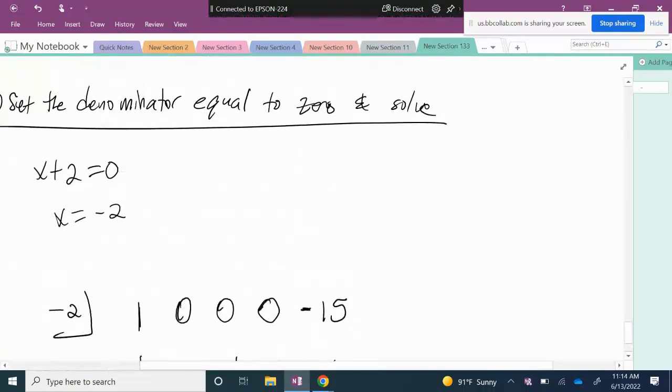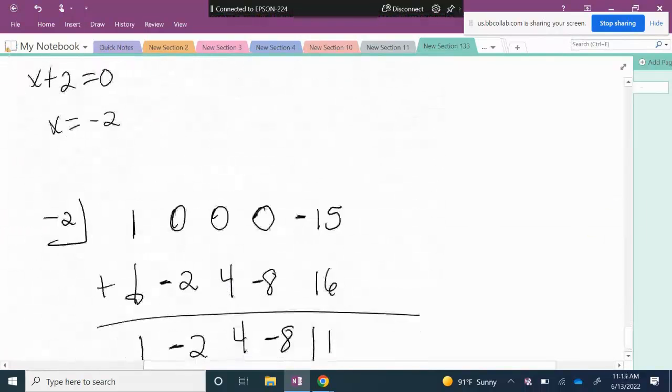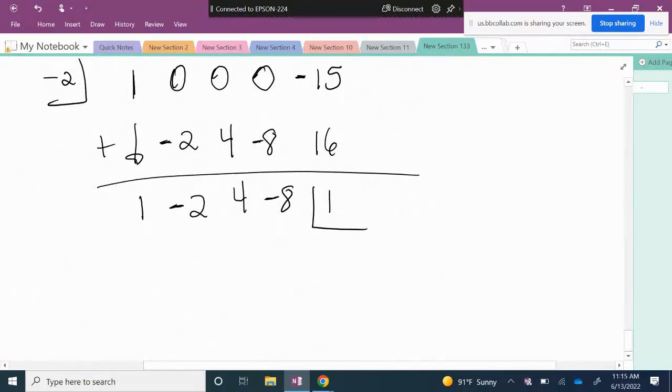Notice that we started with a 4th degree term. Right? So for our quotient, it's reduced by 1 degree. So this would be x cubed. So we have 1x cubed minus 2x squared plus 4x minus 8.